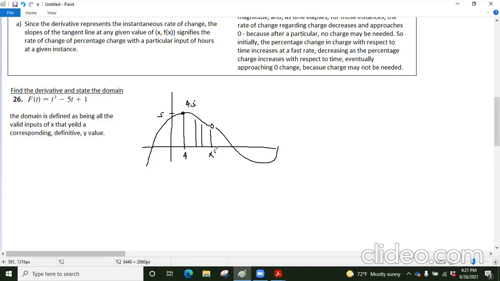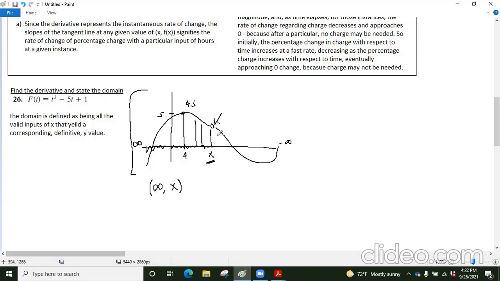But as I approach X, I can't do that for an input here because there really isn't any X value that I could put there and get a defined corresponding Y value, right? Because there's a hole.